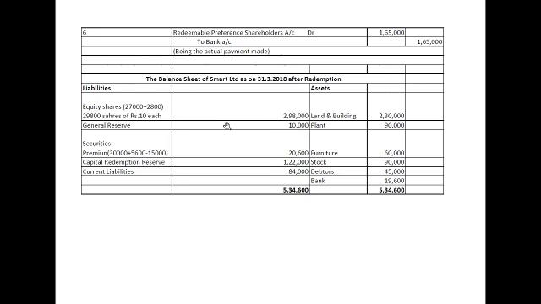Next, general reserve. For the condition we kept 10,000. It is not utilized for redemption. Next one is securities premium. Here we need a little bit of working note. We can show here only. 30,000 is already available in securities premium, plus 5,600 we got because of fresh issue, minus 15,000.